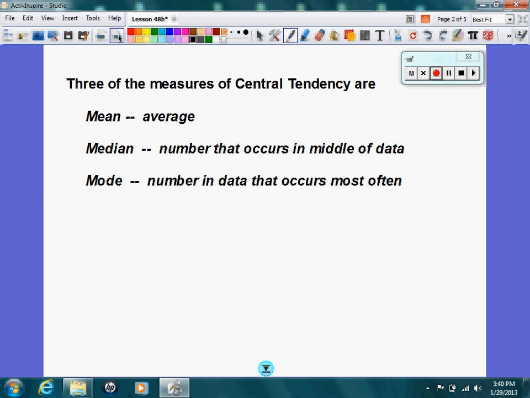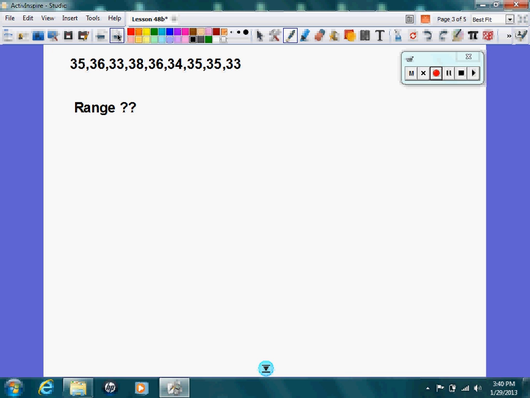Today we're going to talk about two more, not measures of central tendency, but two more terms or aspects of the measures of central tendency. The first that we're going to talk about is range. Range is simply how far it is from the lowest value, I believe 33 is our lowest value, to our highest value, which I believe is 38.